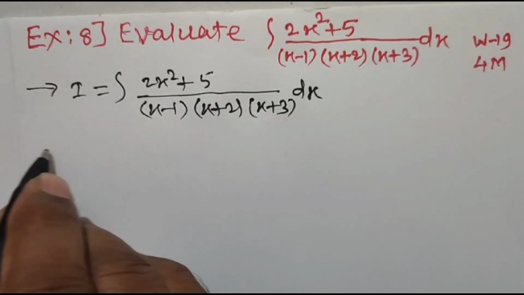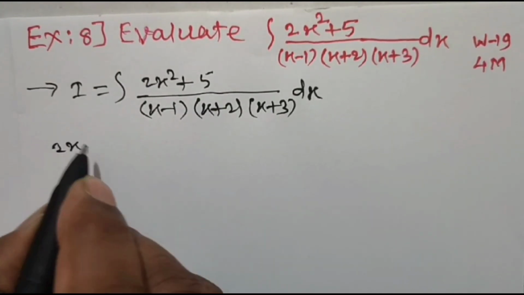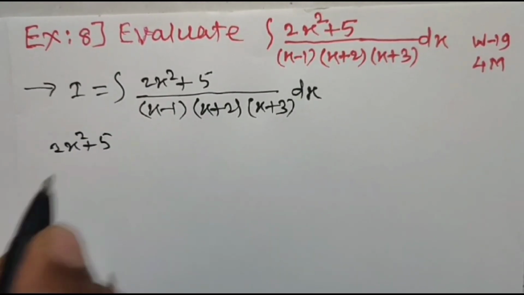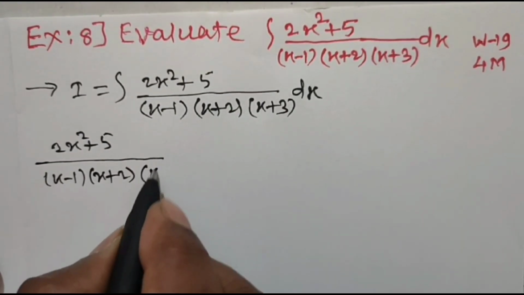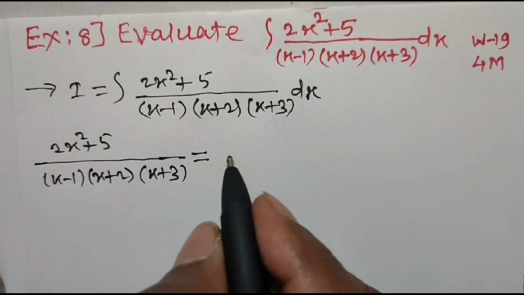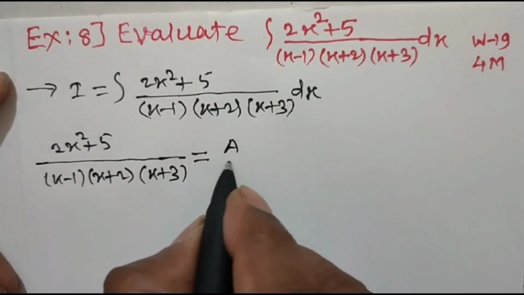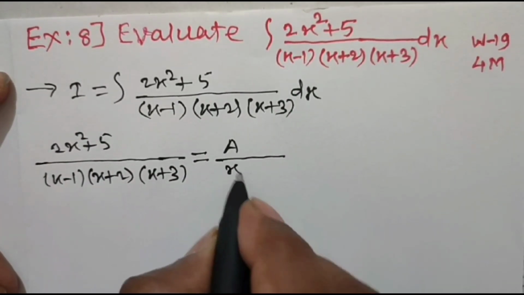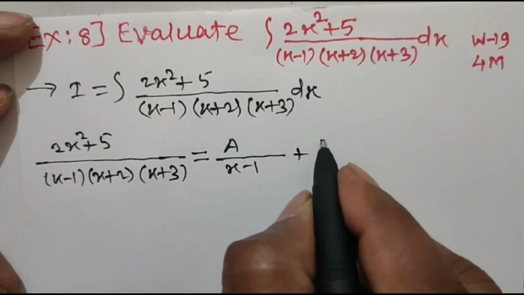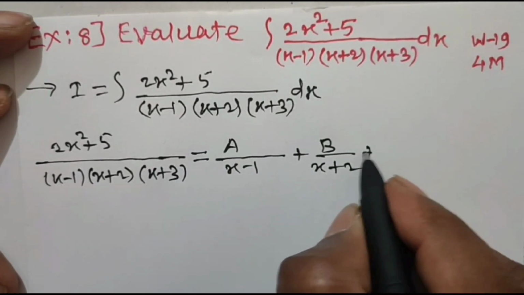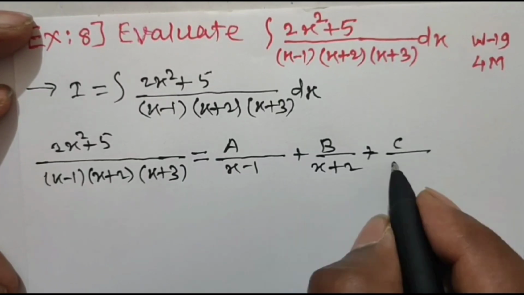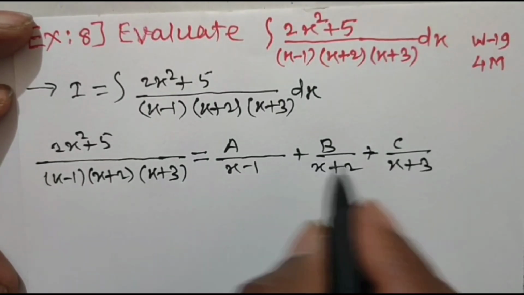So the integrand is a fraction in this form, 2x square plus 5 divided by x minus 1, x plus 2, into x plus 3. And this is equal to, we can write arbitrary constant a divided by first linear factor, arbitrary constant b divided by second linear factor, and arbitrary constant c divided by third linear factor, and addition of these.